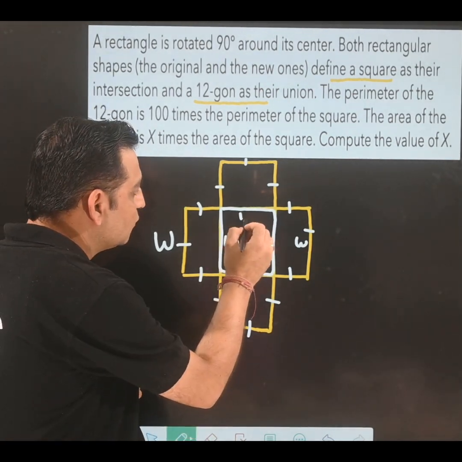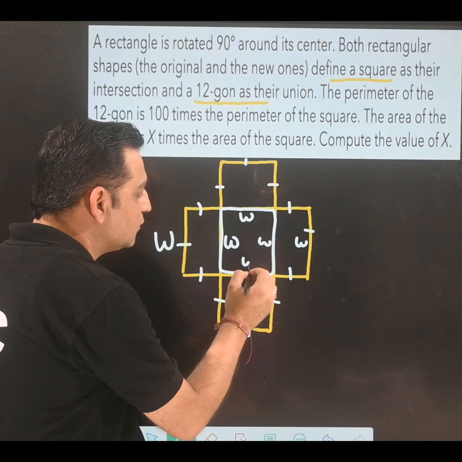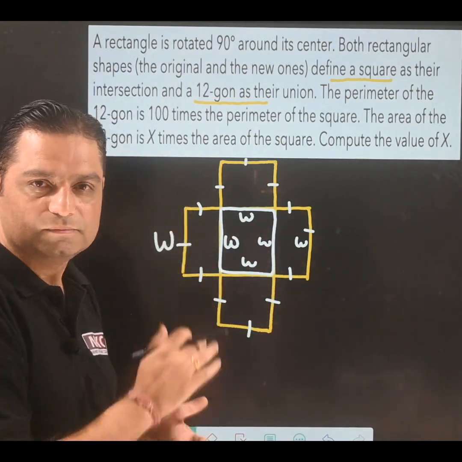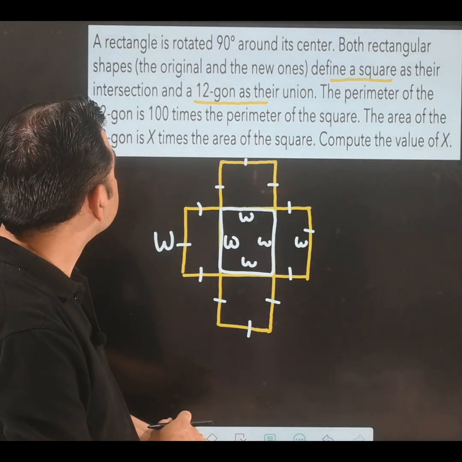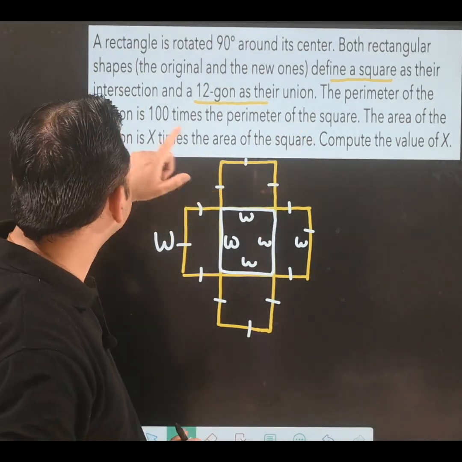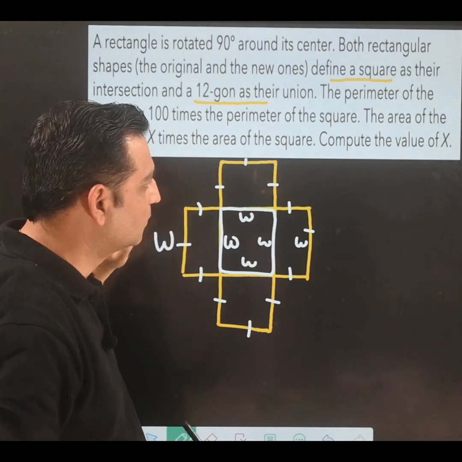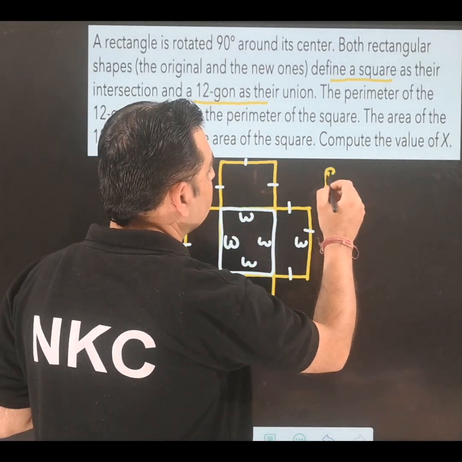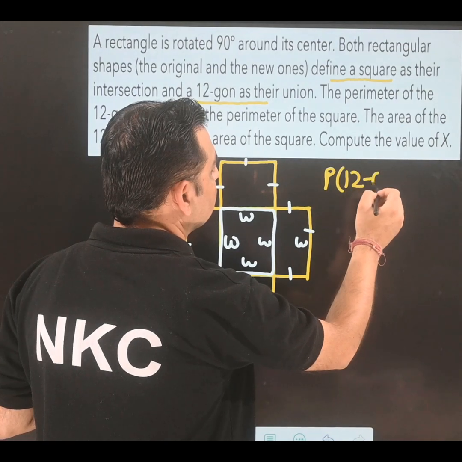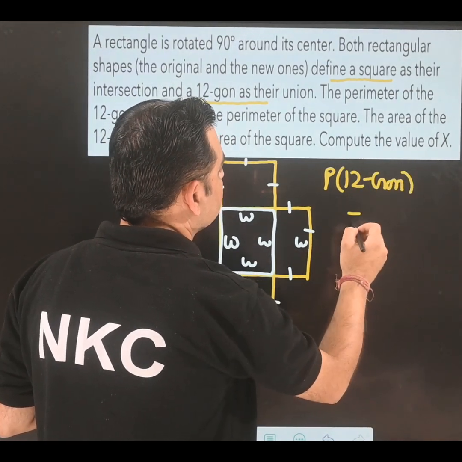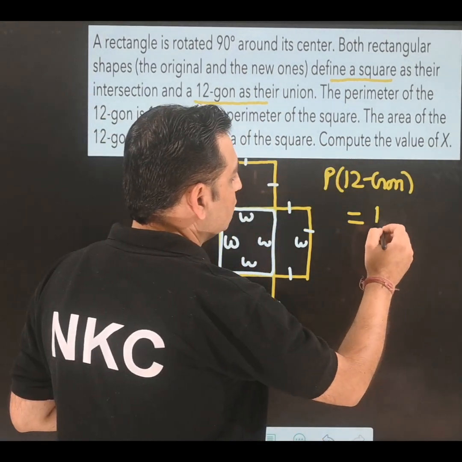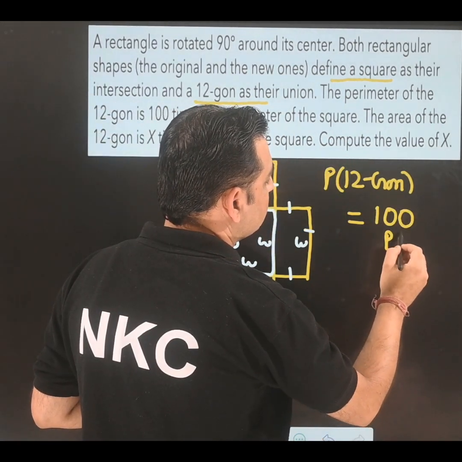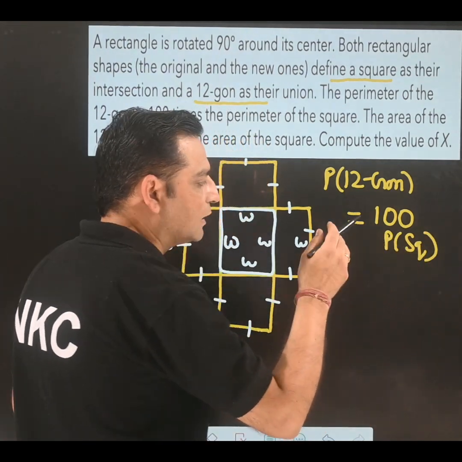If the middle is a square, that means each side is W, W, W and W, because it is a square. And the first condition says the perimeter of the 12-gon is equal to 100 times the perimeter of the square. This is the condition given.